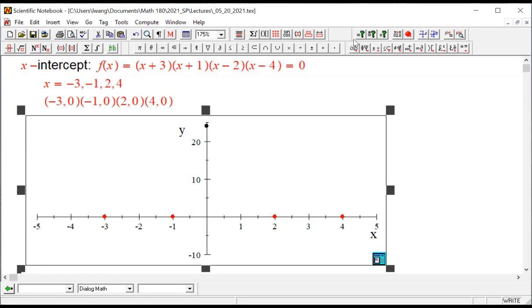To sketch the curve is pretty easy in the sense that we just need to figure out which way the curve is going, because the curve is going to wiggle like this, crossing here. Either the curve goes this way or the other way.